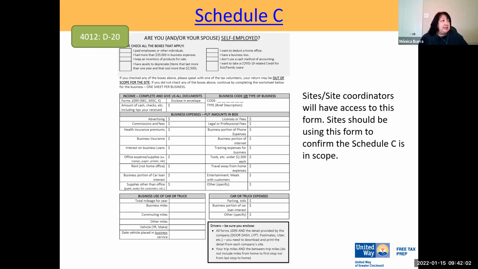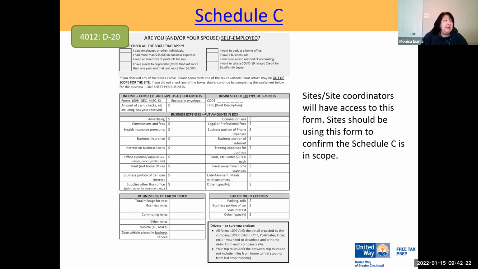And all the questions at the top go to what those limitations are. So if your taxpayer paid employees, that is out of scope. If they had more than $35,000 in business expenses, all this is out of scope.